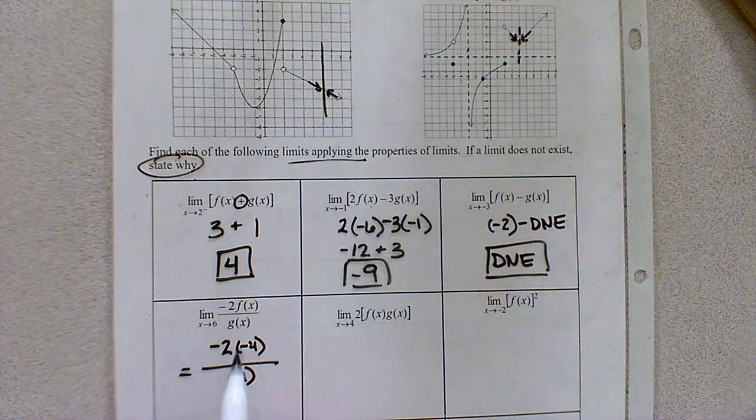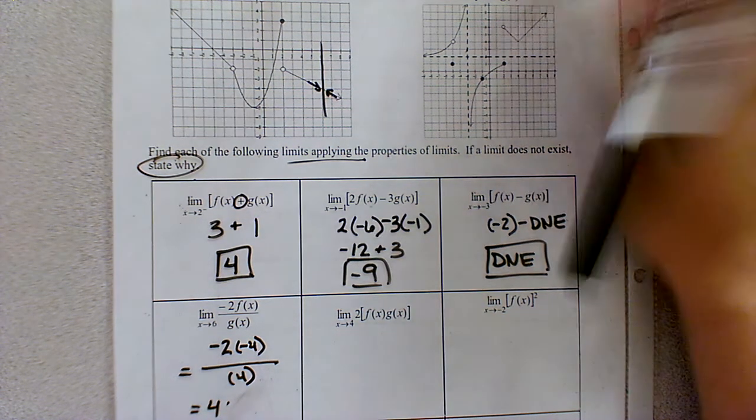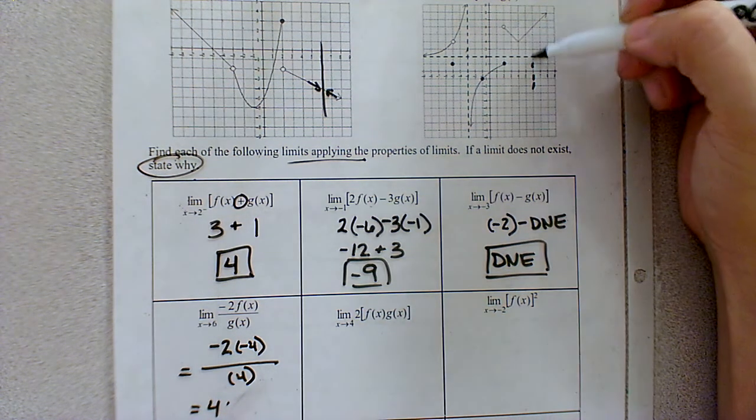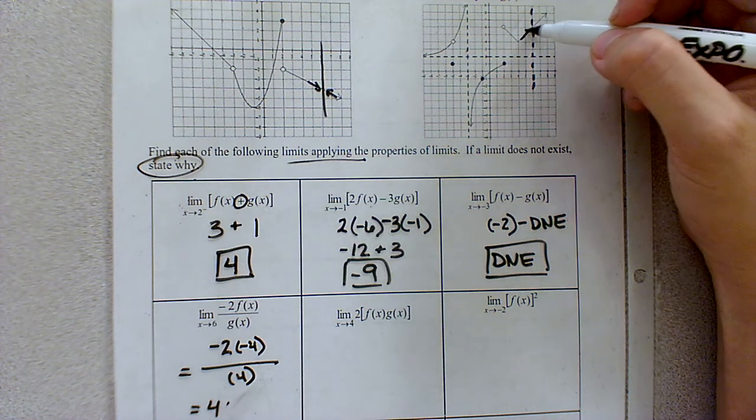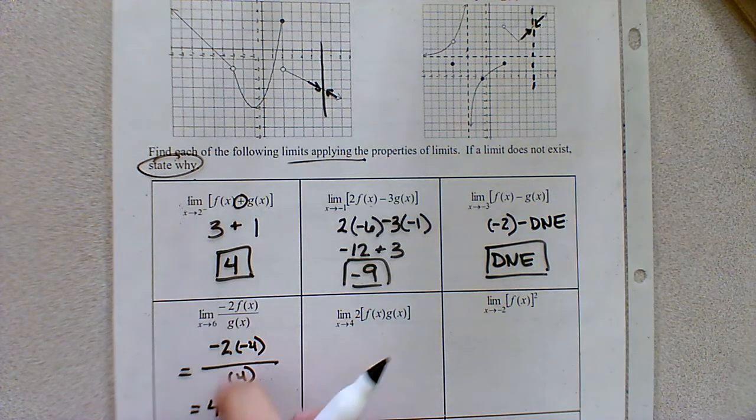So it looks like we get 8 over 4, which would simplify to... Oh wait, I did that one wrong. I was at 4. We got to go to 6. Coming in from the left and the right on the g graph, we approach a height of 6, not 4. So 8 divided by 6 would change to 4 over 3. That looks a little better.